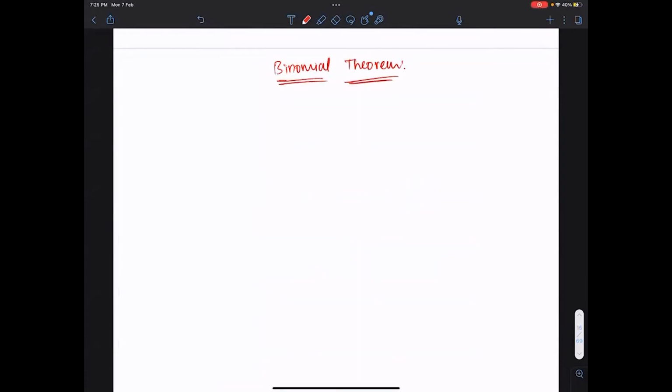You all know binomial expansion and all those things. There are questions on finding the coefficient and all these things. Let me give you one such very important question, that question should explain a lot of things.